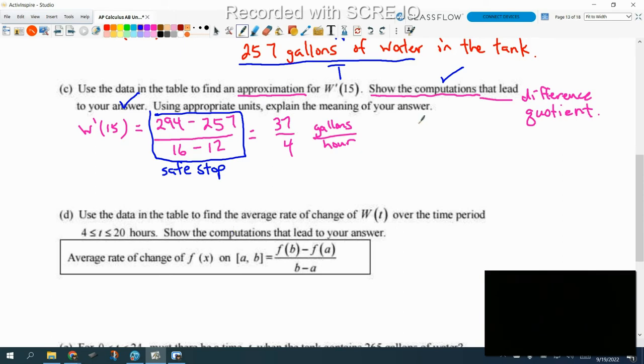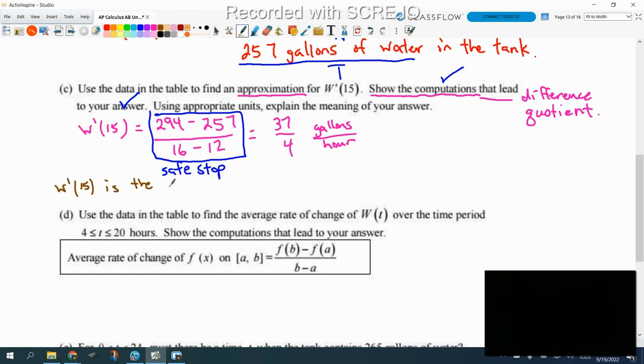All right, now we still haven't explained the meaning of our answer, so let's make sure we complete our work here. So W prime of 15 is, so this is a rate of change. You can tell by the units, you can tell because it's a derivative.